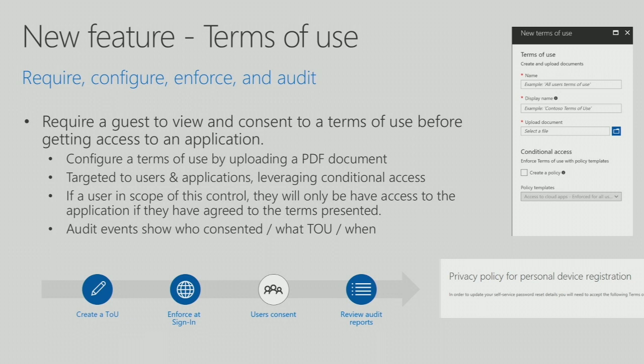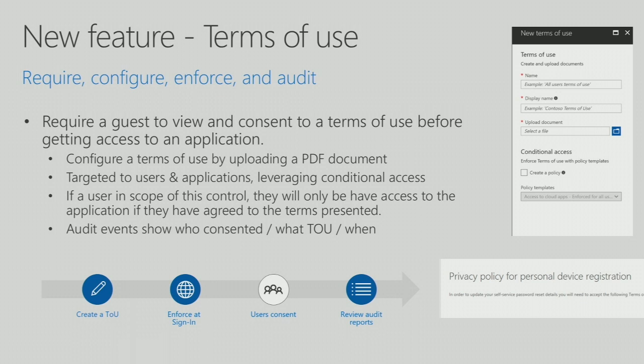It's been in private preview for a little while, but think of the scenario where you can set a policy to say all guests that come into a tenant, or all guests that access a particular application, have to read and accept a particular terms of use for your company. We make the process very easy. It's a PDF that you may get from the legal department.